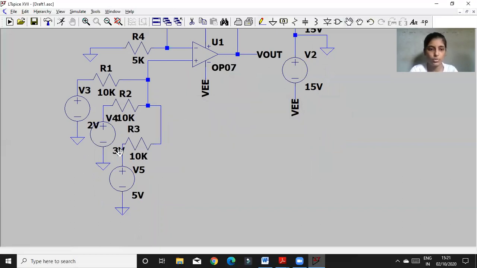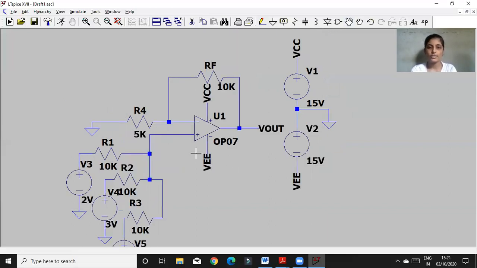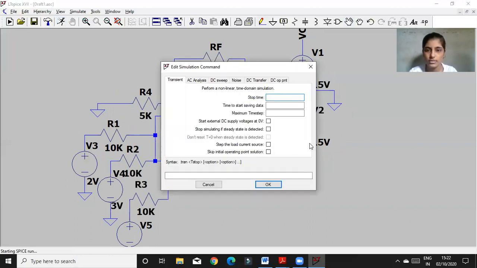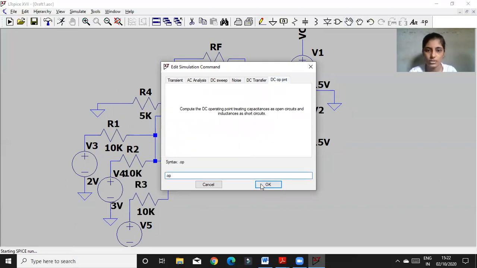I slightly move it from here. So my adder circuit is ready. So now I'm going to simulate it. Click on DC output.